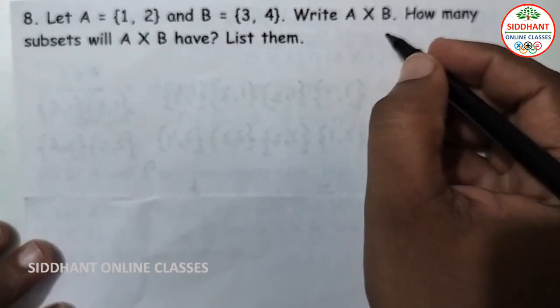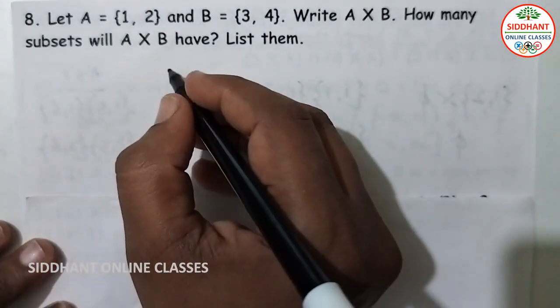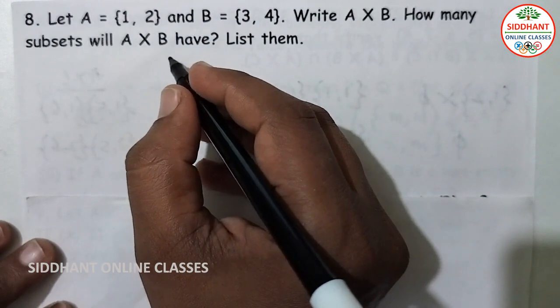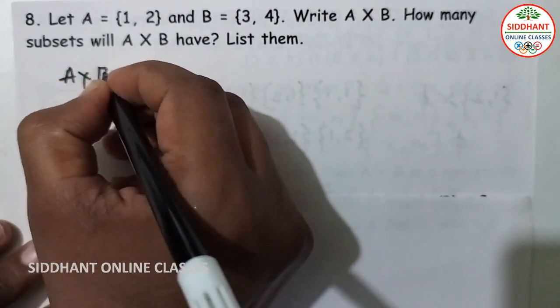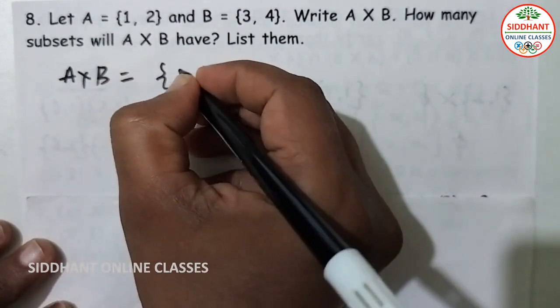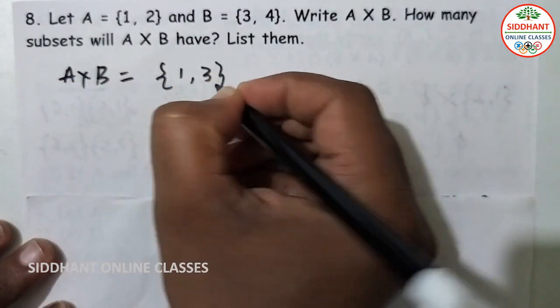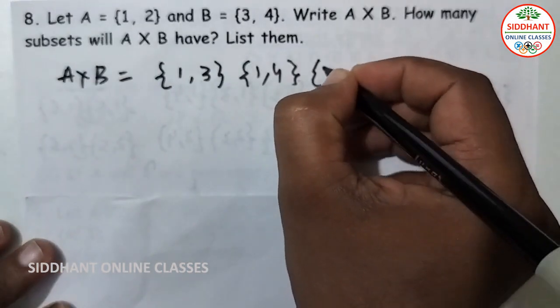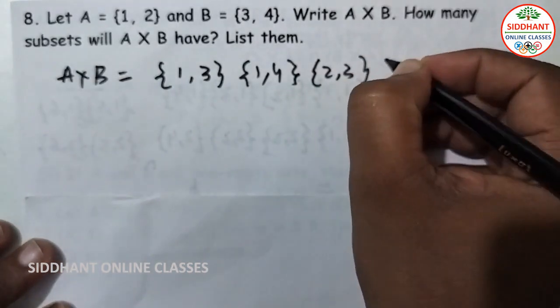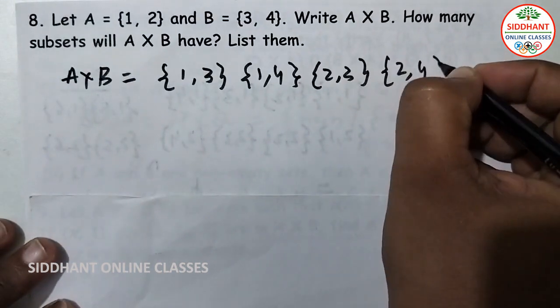Let A be 1, 2 and B be 3, 4. Write A cross B. How many subsets will A cross B have? List them. So here A cross B, we have 1, 3, 1, 4, 2, 3, 2, 4.